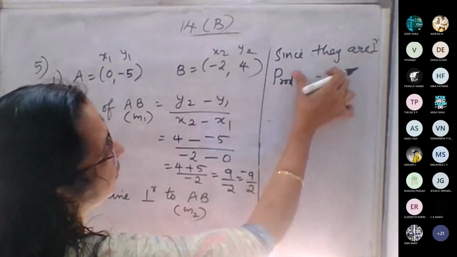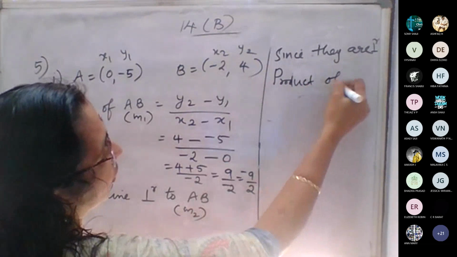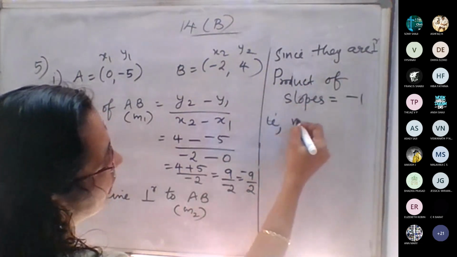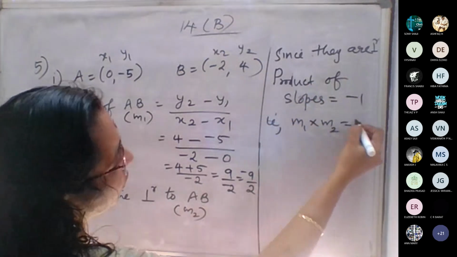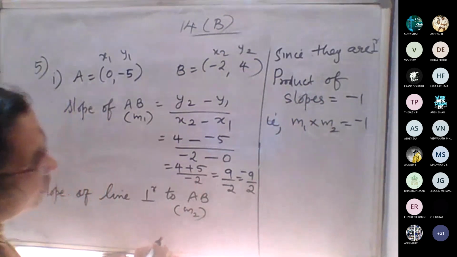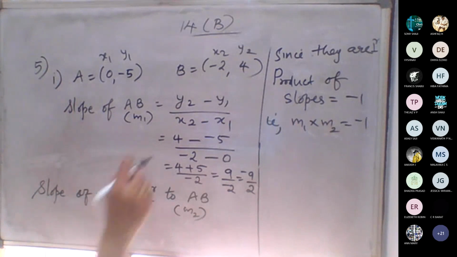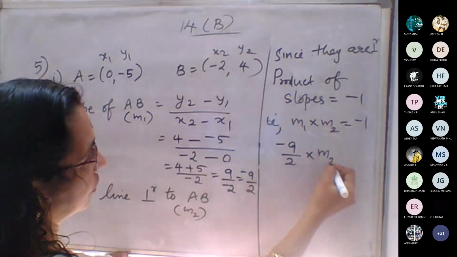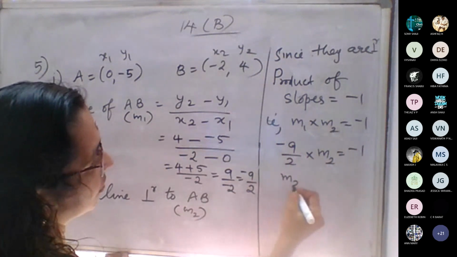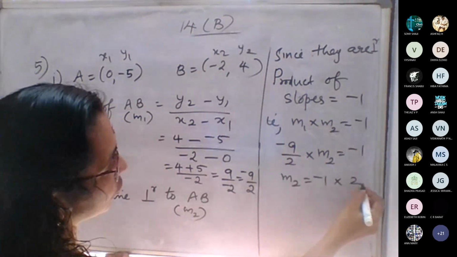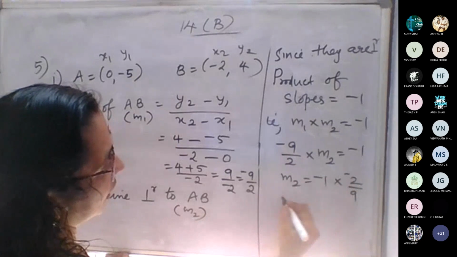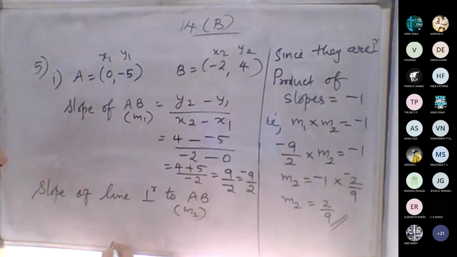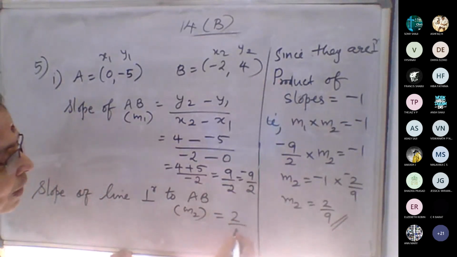That is m1 into m2 is equal to negative 1. So m1, negative 9 by 2, into m2 is equal to negative 1. So m2 is equal to negative 1 into negative 2 by 9, so m2 is equal to 2 by 9. So the slope of the line perpendicular to AB is equal to 2 by 9.